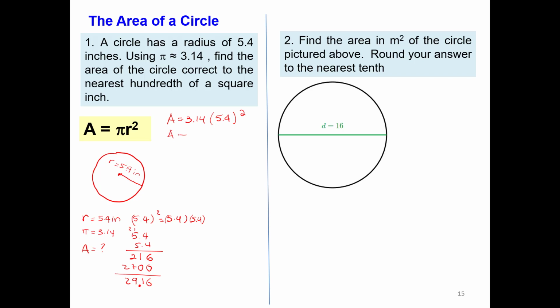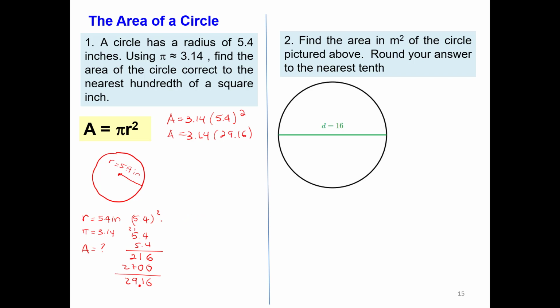The area equals 3.14 times 29.16. Now we need to multiply 29.16 times 3.14. Let me write this with a little more space.